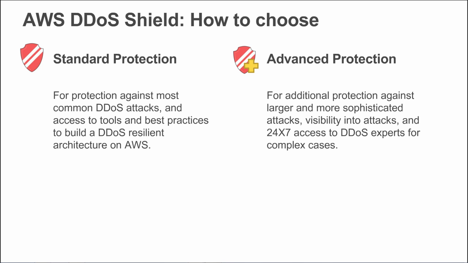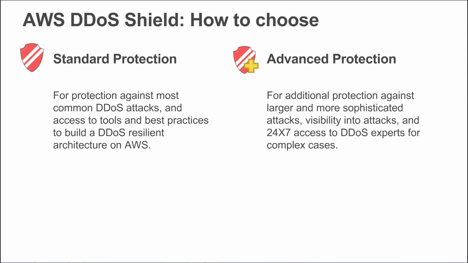Now, the other question that often comes up on how you get started is, which is the right tier for me? So, as we talked about earlier, standard protection provides protection from some of the most common DDoS attacks.